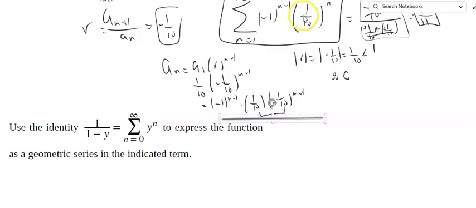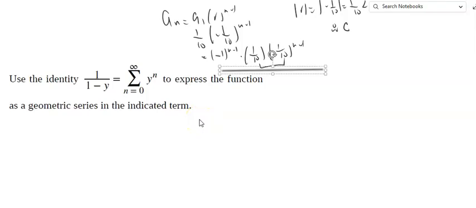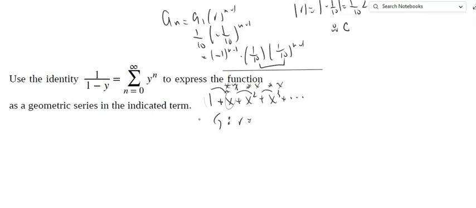Now we come to something that's extremely important, something we're going to use for the remainder of the chapter. If I take the series 1 plus x plus x squared plus x cubed, this is geometric. R is, take any term divided by the previous term, you multiply it by x, and you multiply it by x, and you multiply it by x.